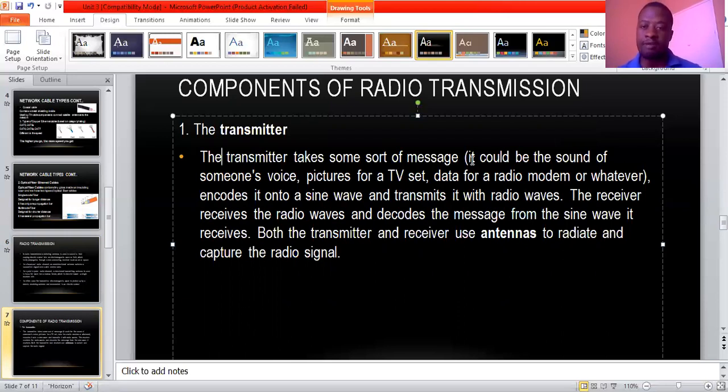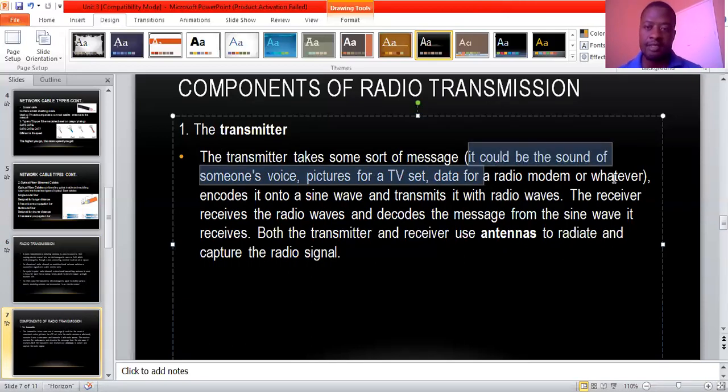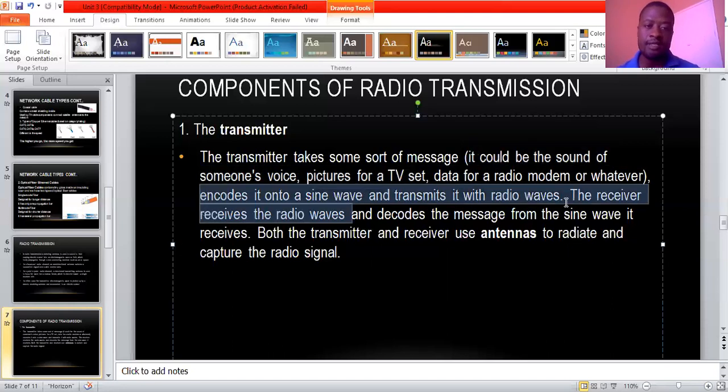It could be the sound of someone's voice, pictures for a TV, data for a radio modem or whatsoever, encodes it into a sine wave, and transmits it with the radio waves. I think this is straightforward.